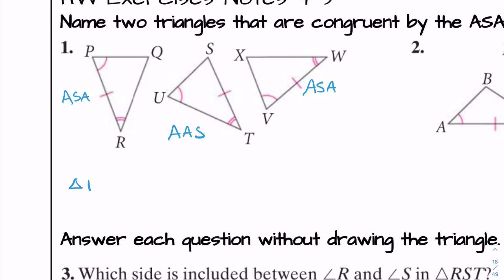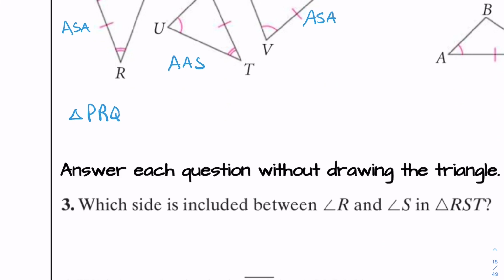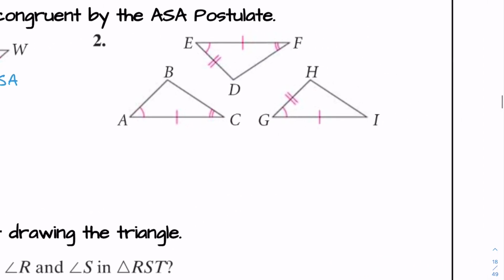Again, it doesn't matter, but I figured I would start at the 1 tick mark of the angle, go to the 2, go to 0. So 1, 2, 0, which is VWX. So congruent to triangle VWX.